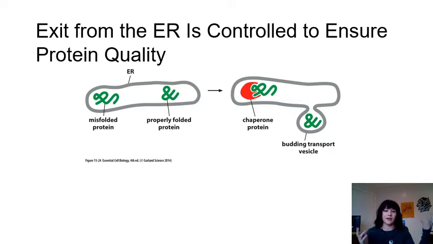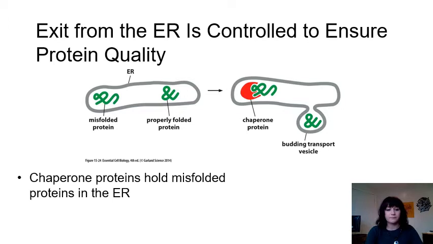It's going to find other misfolded proteins and form big clumps, and these clumps can actually impede normal functions in the cell and cause toxicity. So there are chaperone proteins in the endoplasmic reticulum that help to make sure that these proteins get folded correctly.